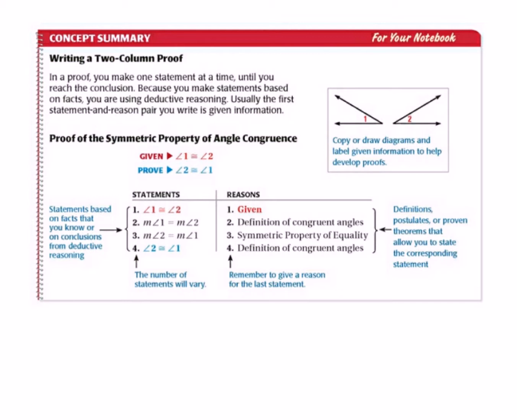Not hard. The main thing I want you to pay attention to is when you are writing a proof, you always start off with the given information. And on the last row, your answer, what you're trying to prove, will always be the last statement and reason. Also, if you notice, on the left-hand side, you have your statements.